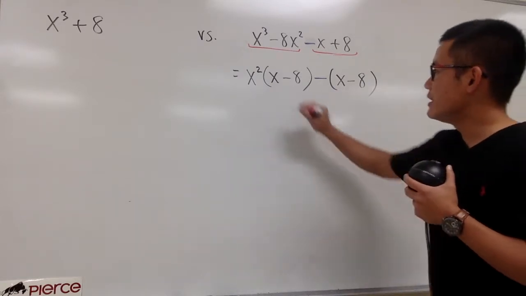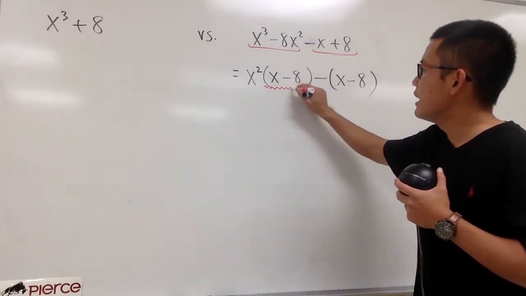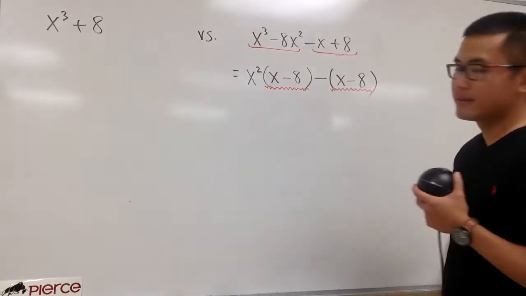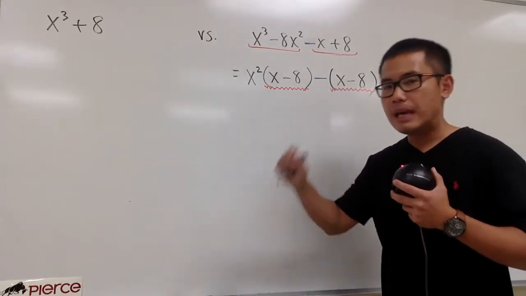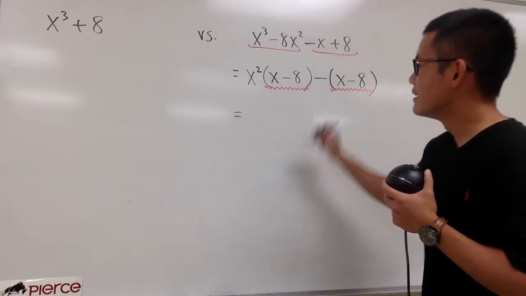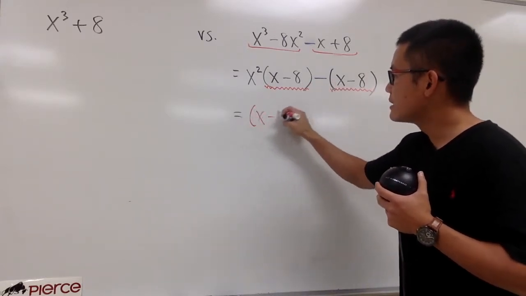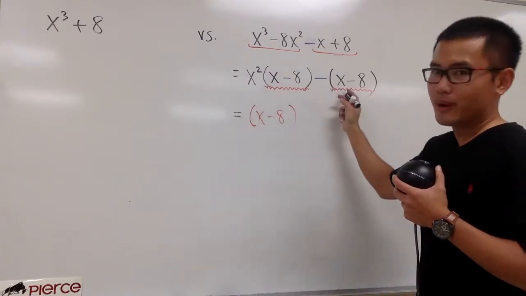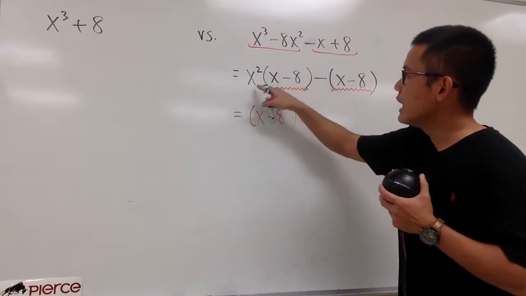And now as you can see, this factor, the x minus 8, match exactly with this x minus 8. So you can factor them out and put it down only one time. This is the common factor. So I will put this down, x minus 8, okay? So what's left though? Well, for this right here, we have the x squared left.